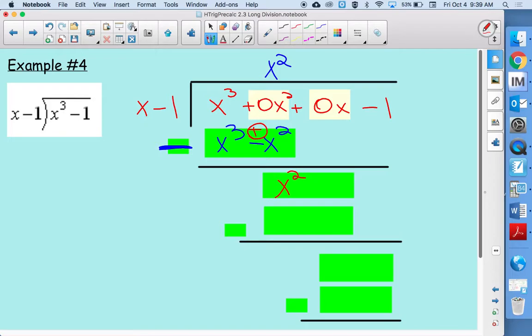Josh, we have x, we want to make it x squared, so well, we pull down a 0. So Josh, if we have an x and we want to multiply it by something, just an x.